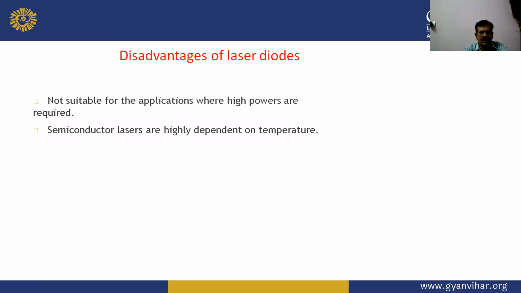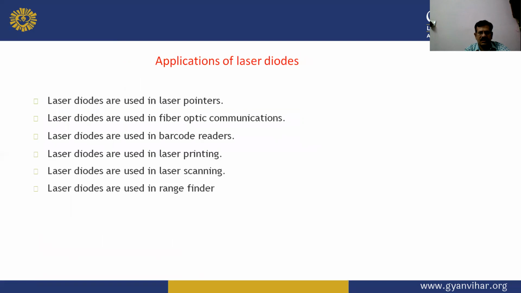And there are also some disadvantages. It is not suitable for applications where high power is required. And semiconductor lasers are highly dependent on temperature. There are also some applications of laser diodes.